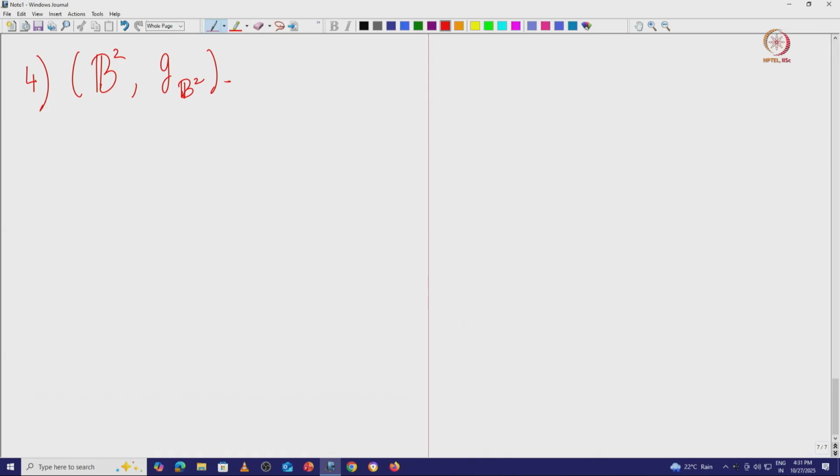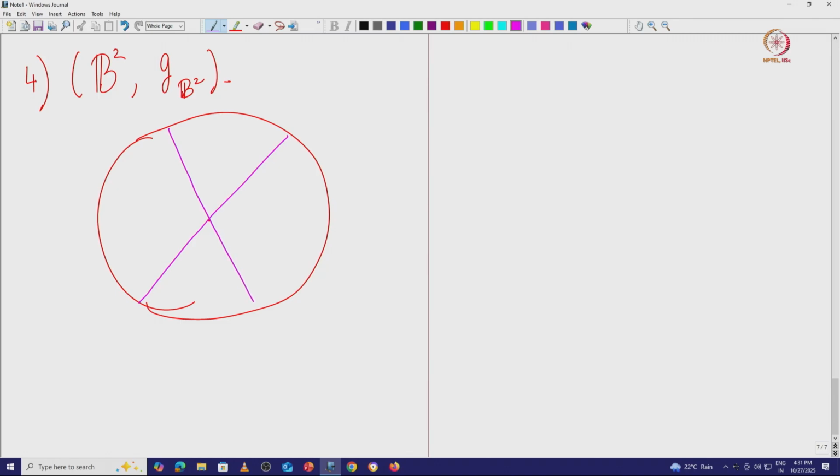Here the picture of geodesics is very nice. So the geodesics come in two varieties, they either are straight lines passing through the origin, or they are circular arcs that are perpendicular to the boundary of the unit disk in this case. Okay, and so the similar thing also works for high dimensional balls.